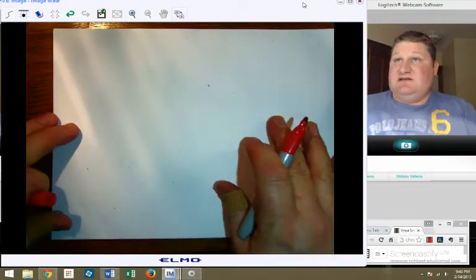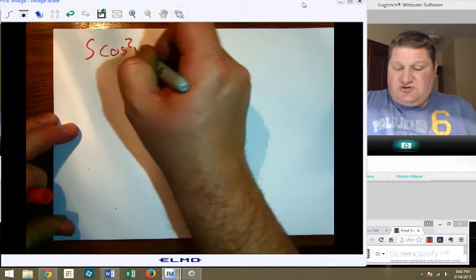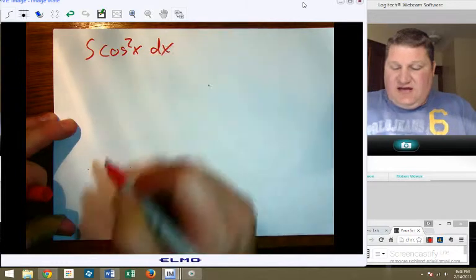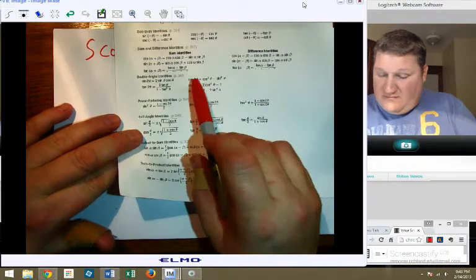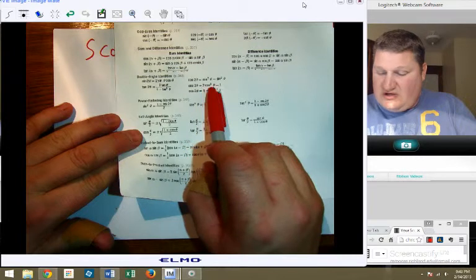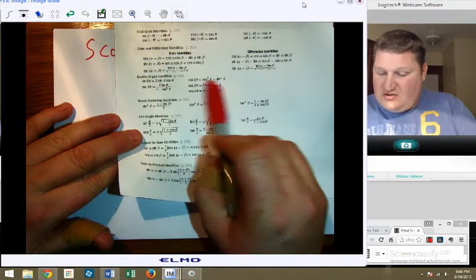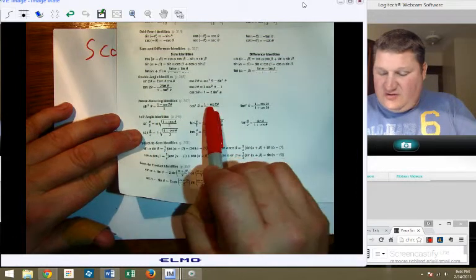One other thing you can do very quickly is if you have the integration of cosine squared x dx, you can, in fact, use a double angle property. Cosine 2 theta equals 2 cosine squared theta minus 1, and you solve it for the cosine squared, which this sheet calls a power reduction.